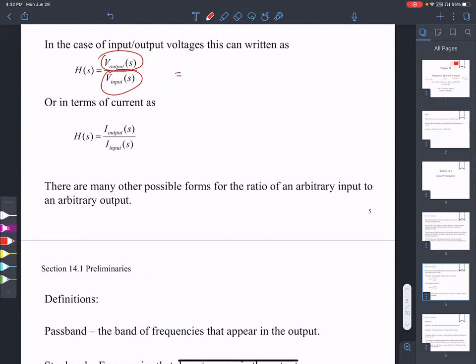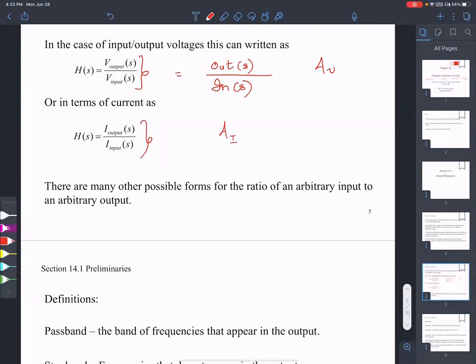I think we discussed this in the previous classes as well. Output as a function of s over input as a function of s is called the transfer function. When you have a voltage over voltage, it's called a voltage gain. When you have current over current, you have a current gain.